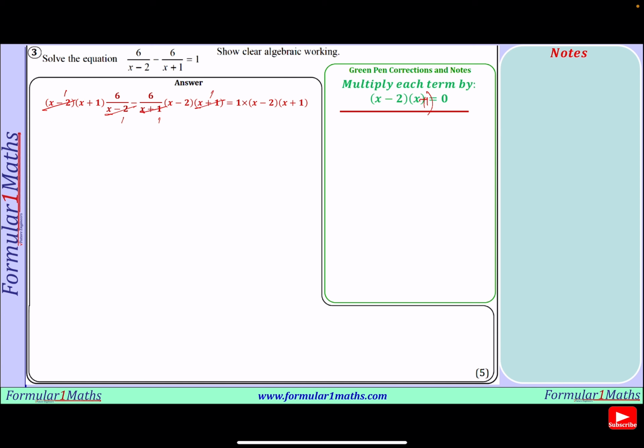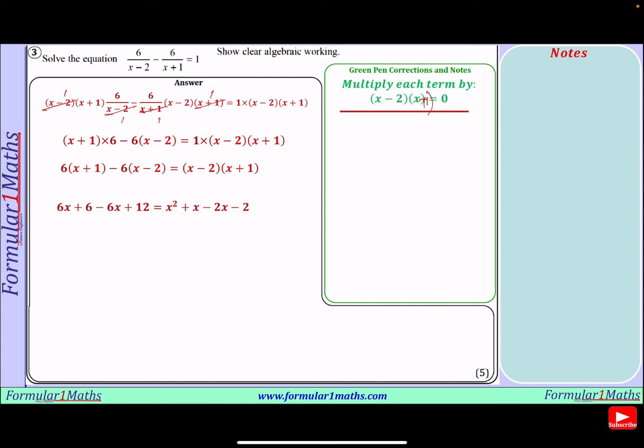And so now we have this. This can be rewritten nicely as this. Then we'll expand. We'll get all that equals 6x plus 6 minus 6x plus 12, and then when I expand it, I'll get that.